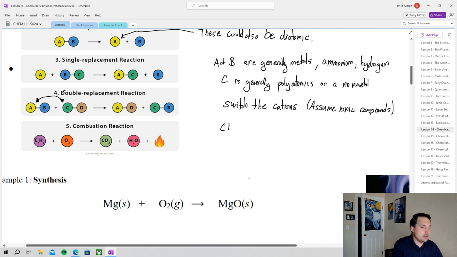But real quick, if you see something that has the formula C and H, carbon and hydrogen, I'm going to be classifying these as organic compounds. And if it's ever reacted with oxygen, we know we're going to have a combustion reaction, and CO2 and H2O are going to be our products.